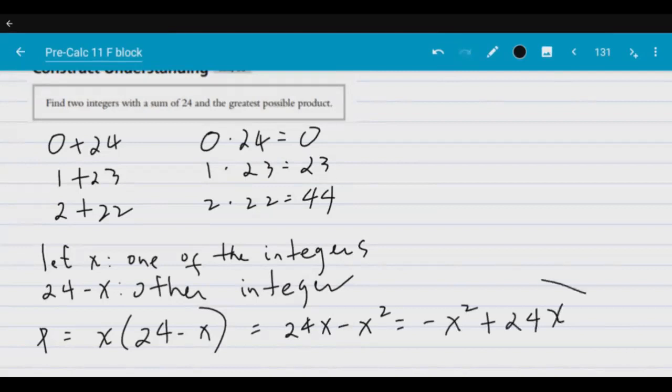How does this parabola look? Well, it is going to be upside down like this, which means it has a maximum point. How do you know? Because of the negative here. What does that tell you? There would be a maximum point for this one.